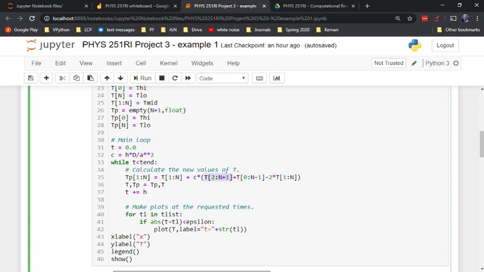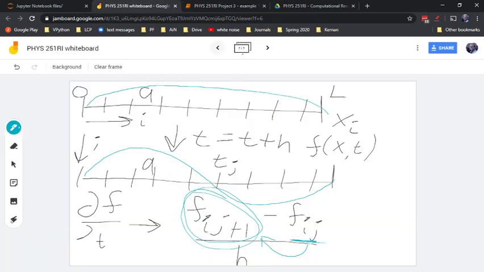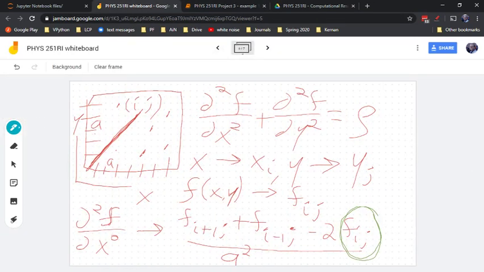And then we have this piece that comes to us from the second derivative. So remember, your second derivative looks like, instead of thinking of it as an actual derivative, we're going back to a slope approximation. You've got the point to the right, the point to the left, minus 2 times the point in the middle.